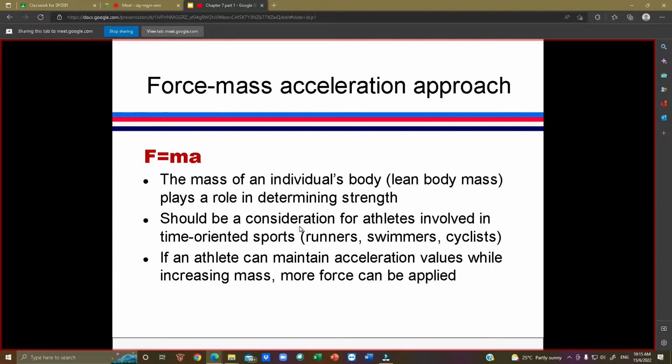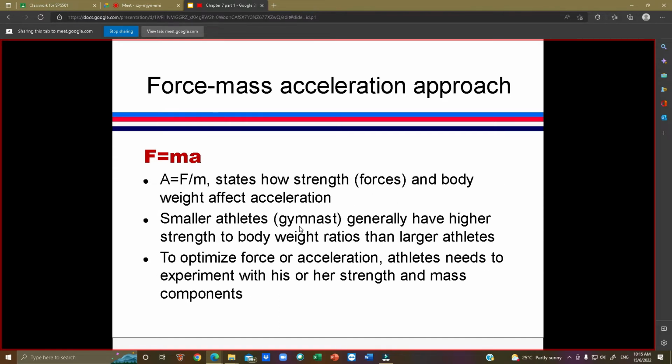Jadi bila kita cerita benda yang ini, the major point of view or the type of sport where force mass acceleration approach usually being used is towards sports where time is the essence. Siapa lagi cepat dia menang. Kita gunakan force mass acceleration approach.